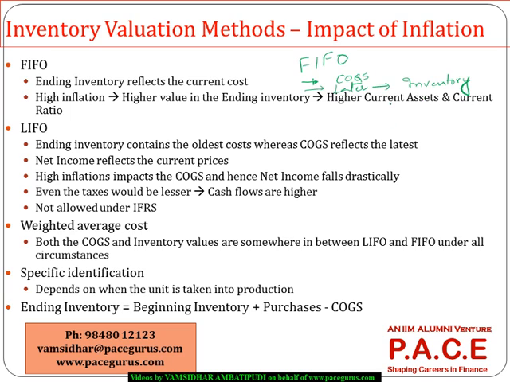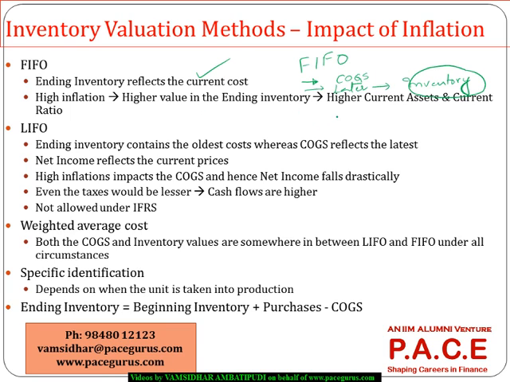That is how the first in first out mechanism works. The recently purchased ones go into the inventory, whereas the old purchased goods go into the cost of goods sold. So the ending inventory reflects the latest and current cost situation.